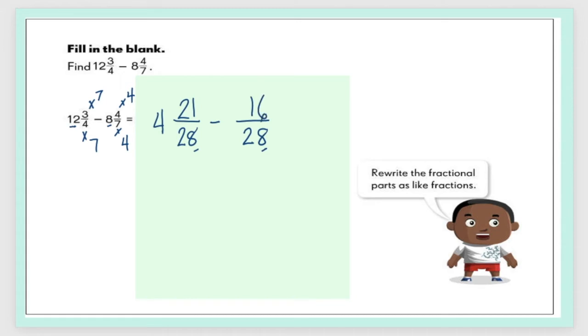Now that they are already like fractions, let's subtract them. So we have a whole number here. 21 minus 16 is equal to 5. Let's retain the denominator of 28. So the final answer is 4 and 5 over 28.